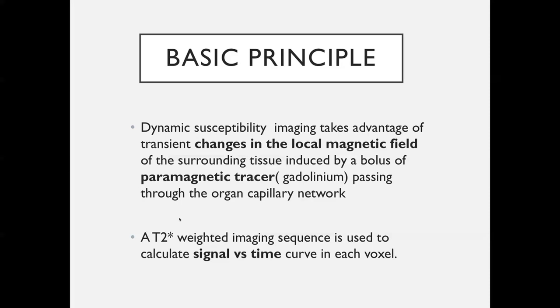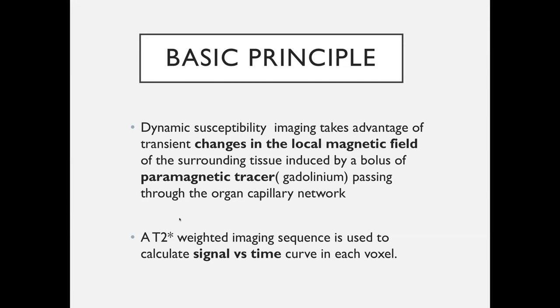For radiologists and technicians, everybody knows we use susceptibility weighted imaging. Whenever there is a paramagnetic substance, we get what we call blooming. Blooming is nothing but the drop in signal when a paramagnetic substance interacts with a magnetic field.